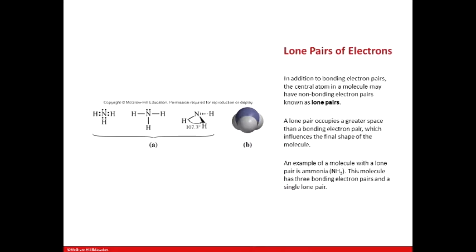So as in pyramid. A lone pair occupies a space where the bond electrons would be, which influences the shape. This lone pair pushes the hydrogens down into a shape like a pyramid. All right? And that causes it to absorb at an infrared frequency that increases heat.